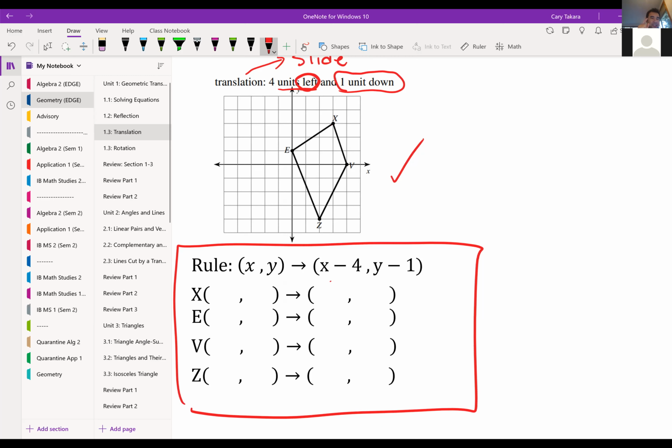So first, let's just do 1 point at a time. I would like you to first tell me the coordinate for x. What is the x coordinate for the vertex x?